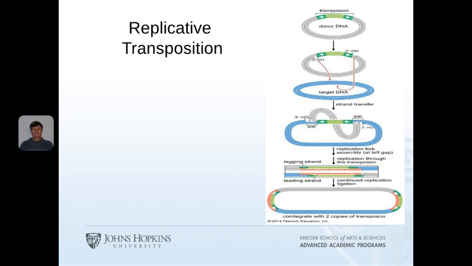This method is prone to chromosomal abnormalities which can be detrimental. The last mechanism that we will discuss is using RNA intermediates, which are not as prone to error or disruption in the genome.